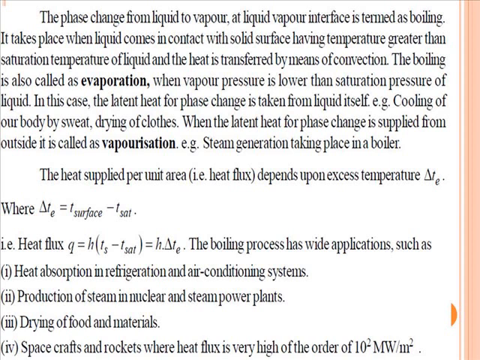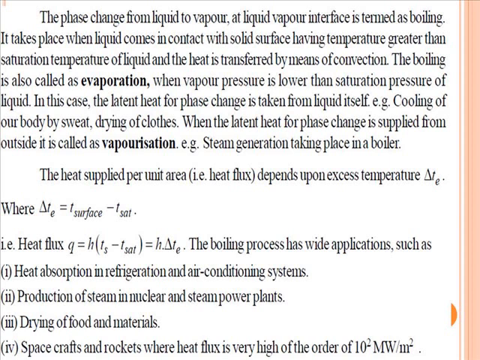In that case, the latent heat for the phase change is taken from the liquid itself. Examples are cooling of our body by sweat formation and drying of cloth. But when the latent heat for the phase change is supplied from outside, it is called vaporization, as in steam generation in the boiler of a thermal power plant.